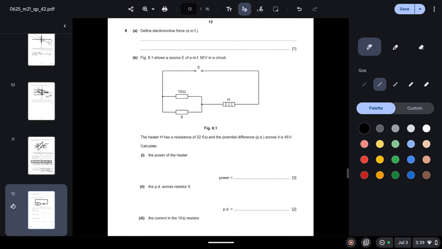Question 8. Define electromotive force. So electromotive force is the energy supplied by a source in driving a charge around a complete circuit.